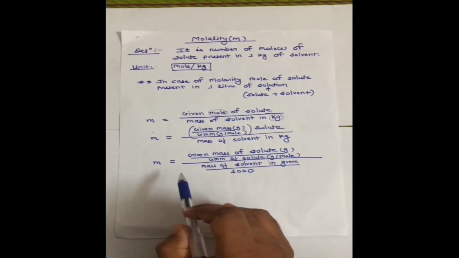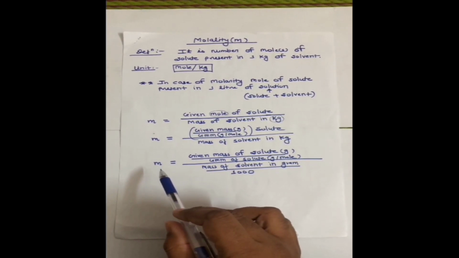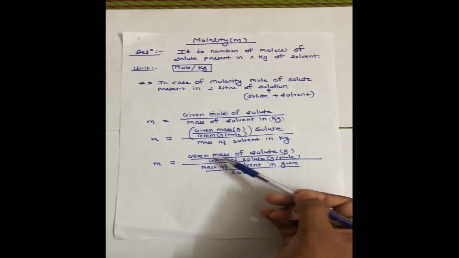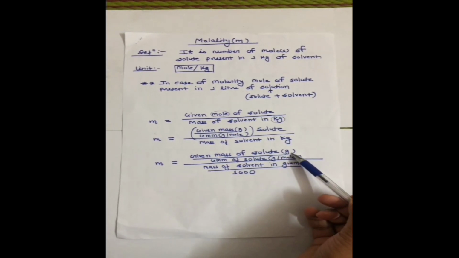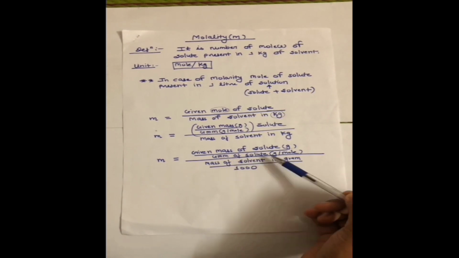So therefore we can represent the expression for molality: small m equals given mass of solute, which we will get in the question, divided by gram molecular mass of solute. How can we calculate gram molecular mass of solute?